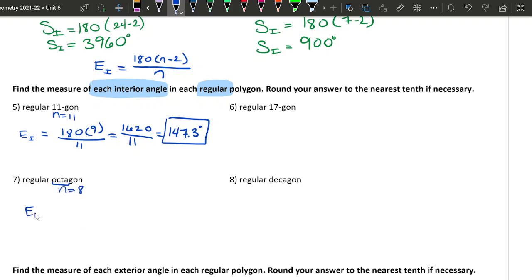So each interior of a regular octagon will be 180 times 8 minus 2, and then we're going to divide it by 8. So it's 180 times 6, which is 1,080. And then we divide it by 8, so each one of them is 135 degrees.